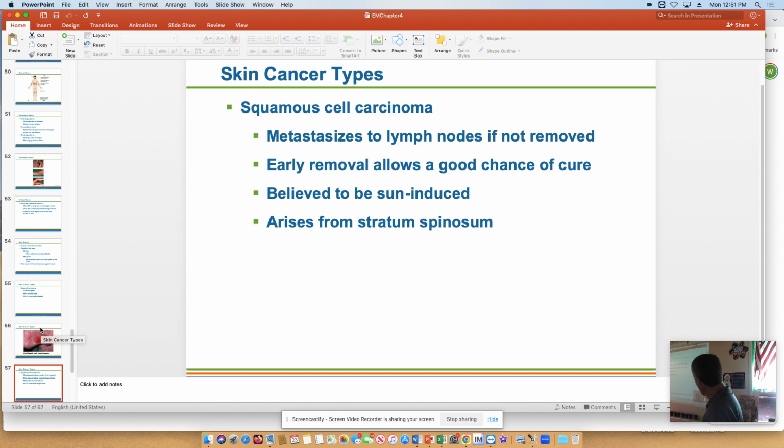If it doesn't get removed, it can metastasize or spread to the lymph nodes. Probably sun-induced. The stratum spinosum. Again, if it's squamous cell, it's talking about the flat cells of your skin.